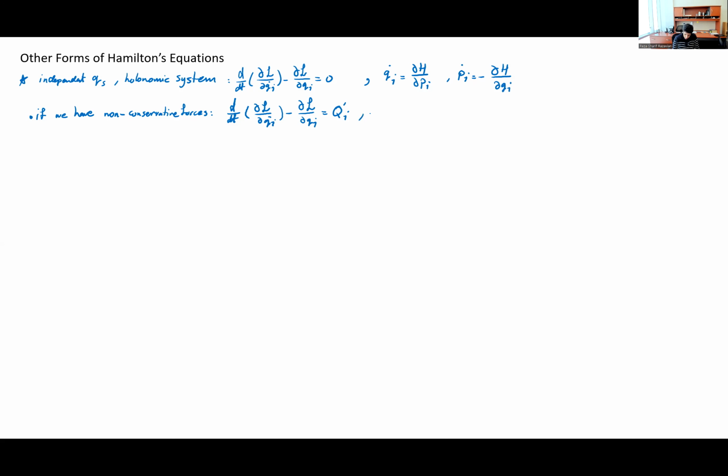Similarly for the Hamiltonian, the q dot i equations remain unchanged. But p dot i, which is the more important one, although they're equally important, is the same derivative, minus partial H partial qi, but now plus the same Q prime i.